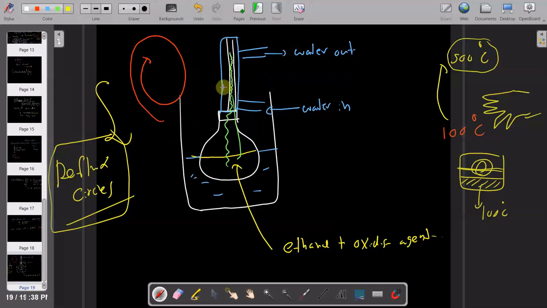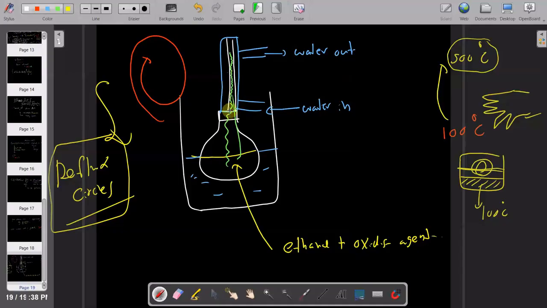Now when you do this experiment at lab, you can see the steam is going up, getting condensed, and again floating back, again going up, again floating back. Likewise, this condensing tube, right? It's a very interesting tube.